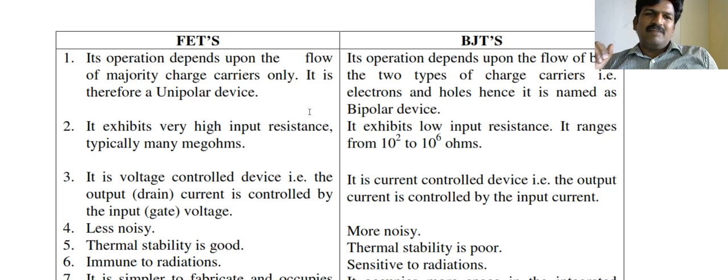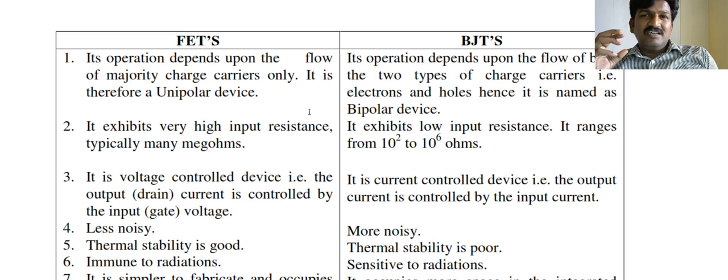One more point, the second point, you can look into the FET. It exhibits very high input resistance. What is the meaning of this? It exhibits very high input resistance. Basically, the FET consists of two junctions. One is between the gate and source, another is between the gate and drain.